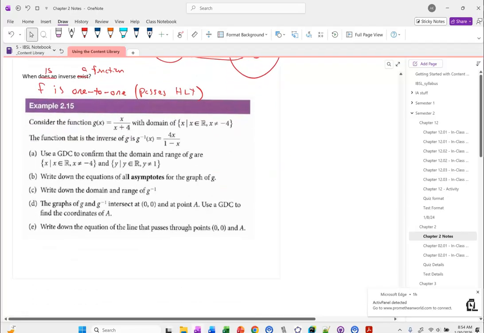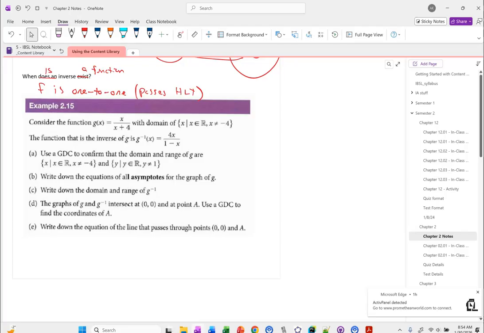All right. Last example says consider the function g of x and its inverse. Confirm that the domain and range for g is this. Okay, you graph and look at the picture, but you can tell this is a simple rational function where the domain is going to come from the vertical asymptote, the denominator set equal to 0, right?